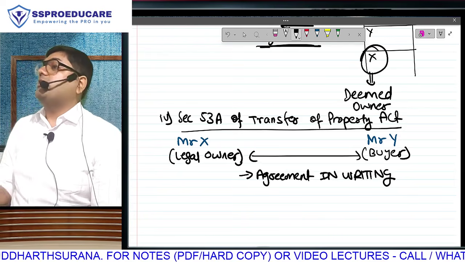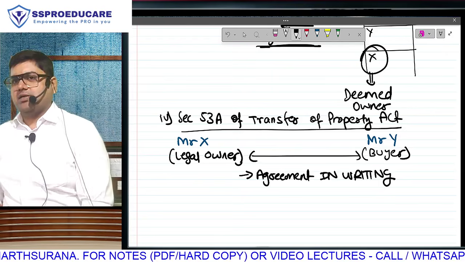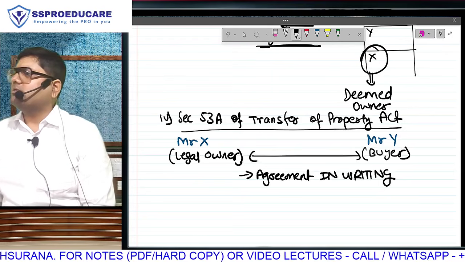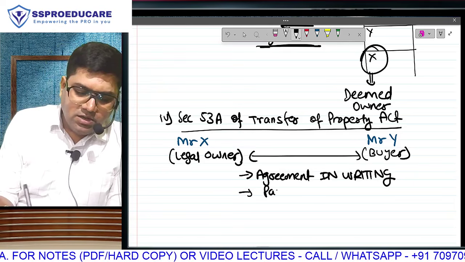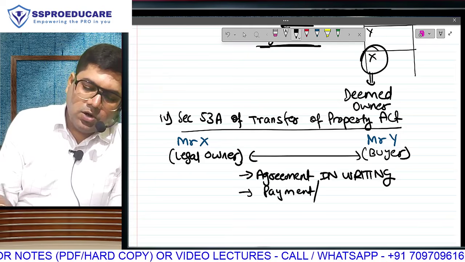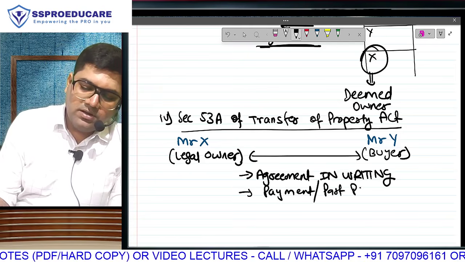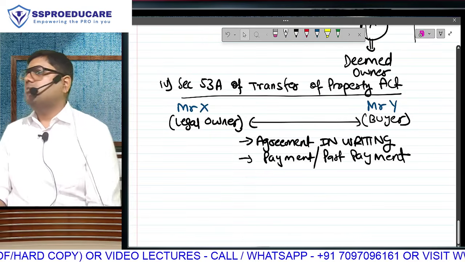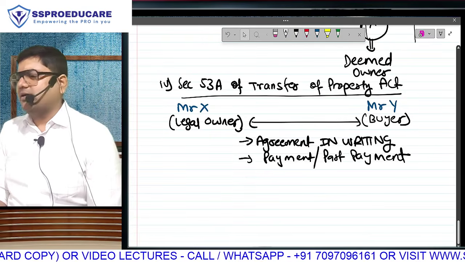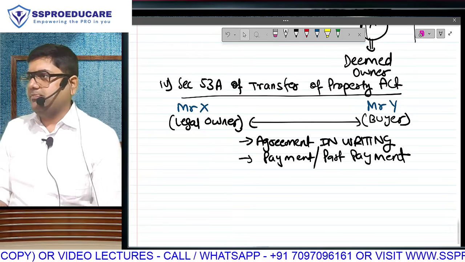Once you do an agreement, now both parties have some responsibilities. Any guesses? Responsibility on the buyer? Make payment. The buyer has made full payment, or it is also possible that you have made part payment. In the property market it is called token, part payment, and mutually we will decide a time within which the balance will be paid.